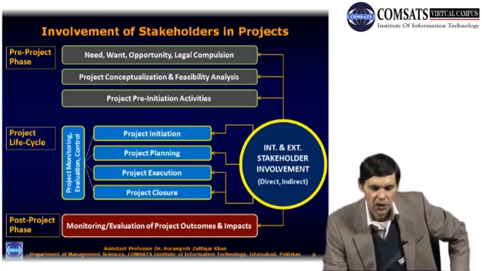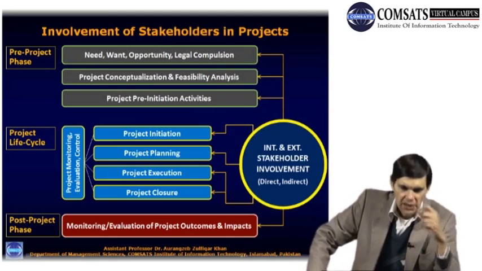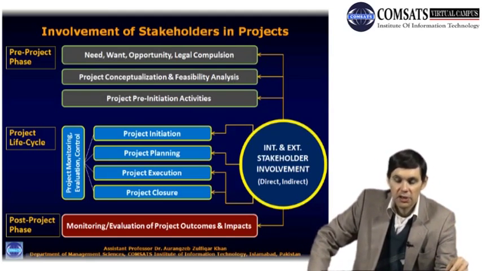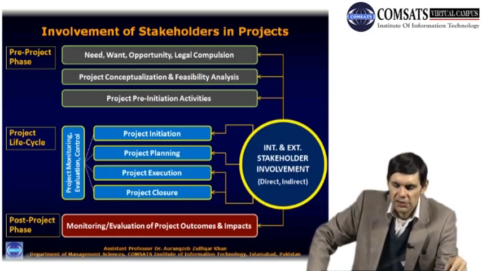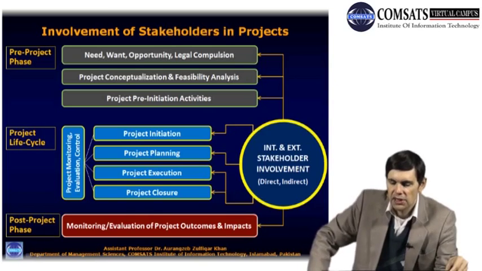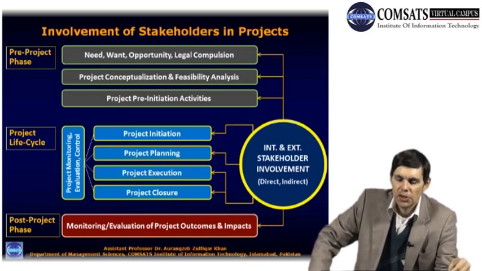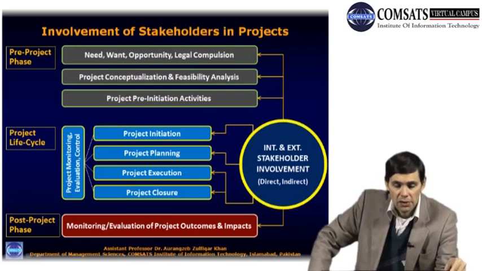Already when it comes to identifying a need for a project or mentioning that there is a want for a project, stakeholders are there. When it comes to the conceptualization and feasibility study for a project, stakeholders are there. And when it comes to all the pre-initiation activities, getting together the financing and identifying the project team and so forth, and signing all kinds of agreements and contracts, stakeholders are involved.